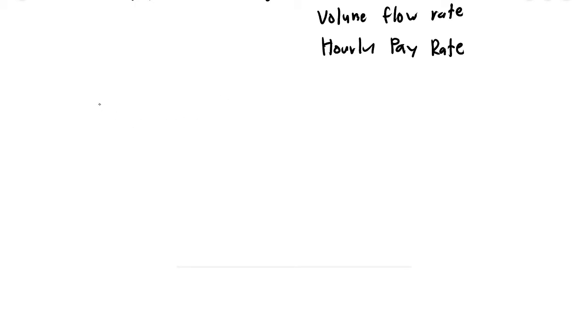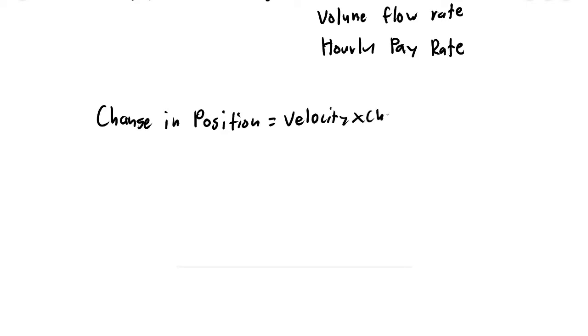The answer to how I calculate a rate of change would be just a simple formula. For example, if I wanted to figure out what my change in position was, I could calculate this by taking my velocity and multiplying it by my change in time. Sometimes we would call this delta y or we'll say delta s for change in position.